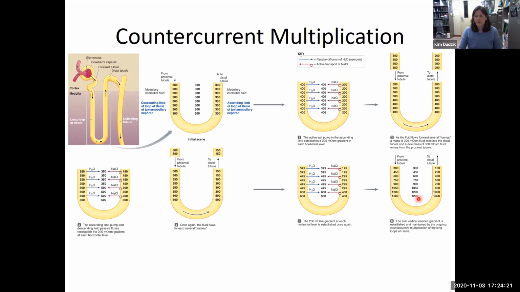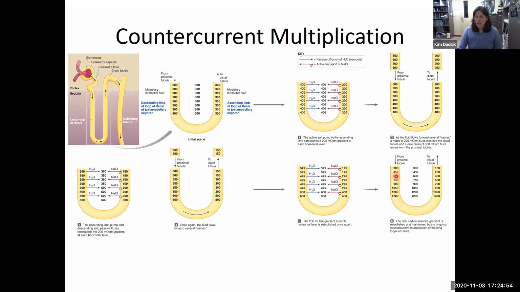Okay. So to understand this countercurrent multiplication, basically every time fluid now comes from the proximal tubule at 300, it's going to come across 300. Oh, that's isotonic, no water movement. But as it moves down, it comes across this 450, so water moves out until the inside of the fluid, the filtrate, is 450.